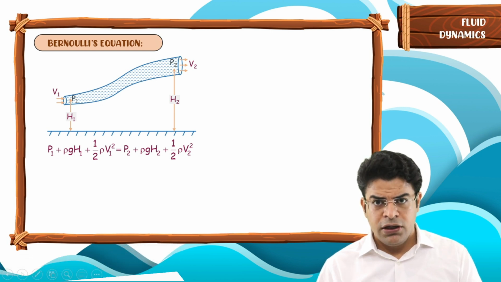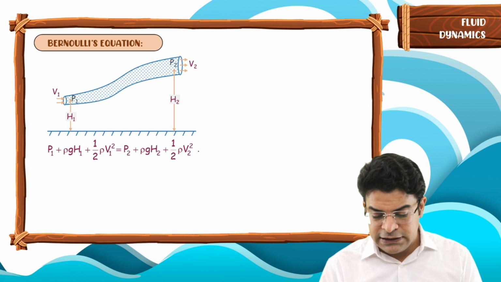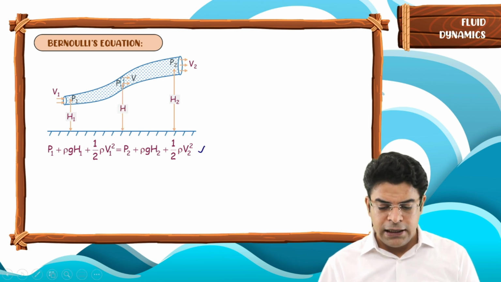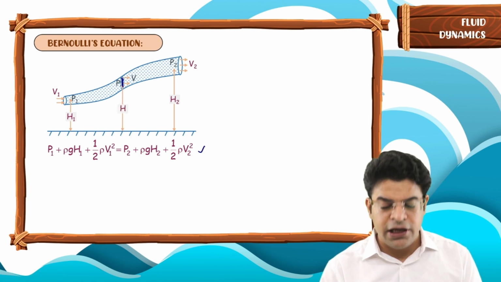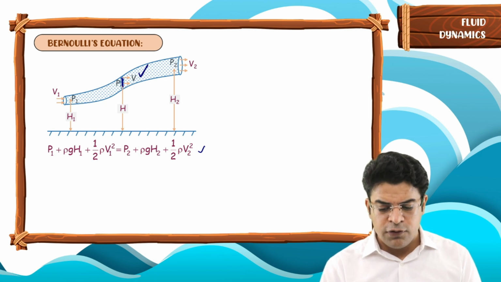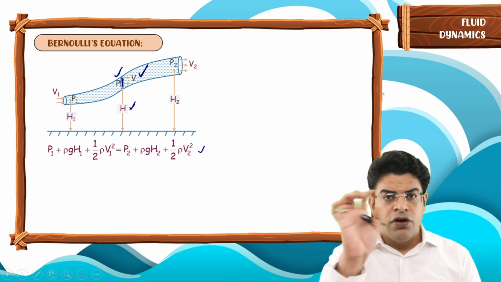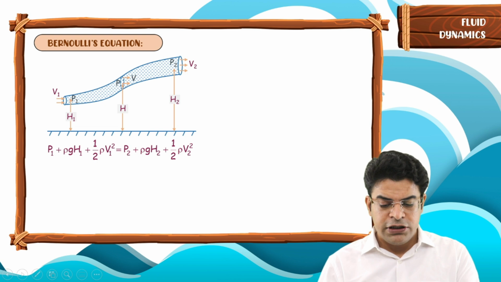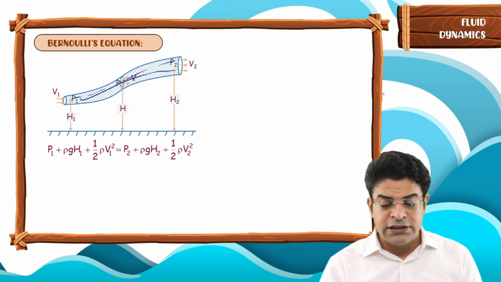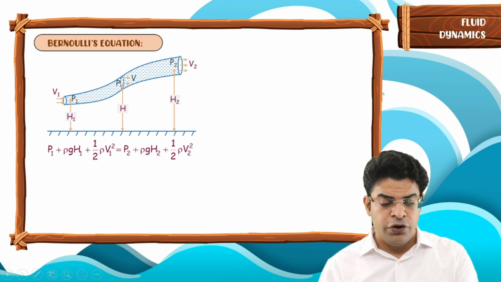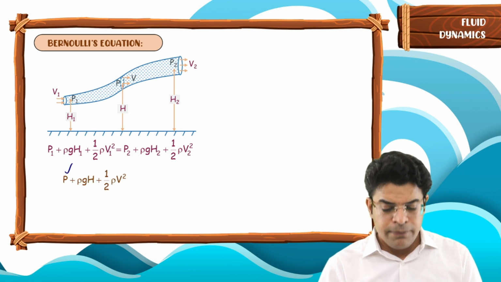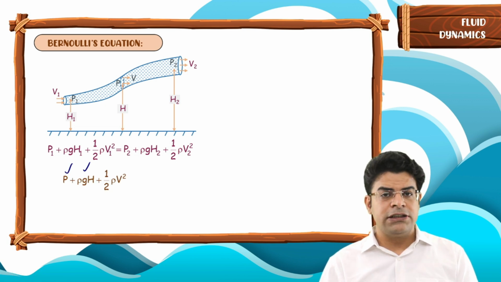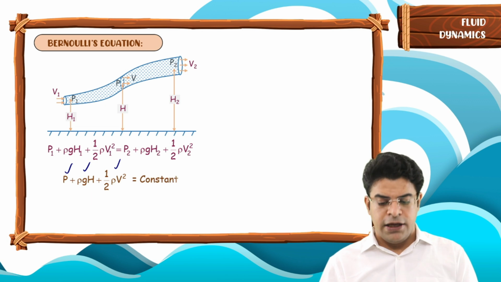Moving on, there is another way to say the same equation. If you look at any random cross-sectional area A, where the speed of the fluid is V, where the pressure is P and the height of the center line of this stream above the ground is H, you can say for this particular flow, if it's a non-viscous incompressible fluid, I can write P plus rho gH plus half rho V square equals constant.